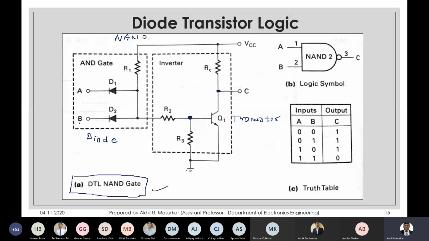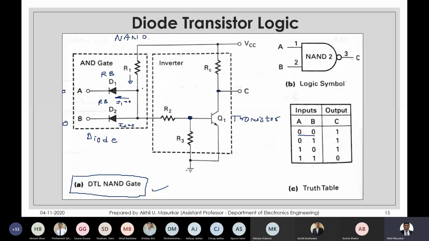So if you want to look at this operation, let's look at the first condition. If I give 0, 0, then these diodes will be reverse biased. So the current that is coming from here, so I1 let's say 0, I2 is also 0.